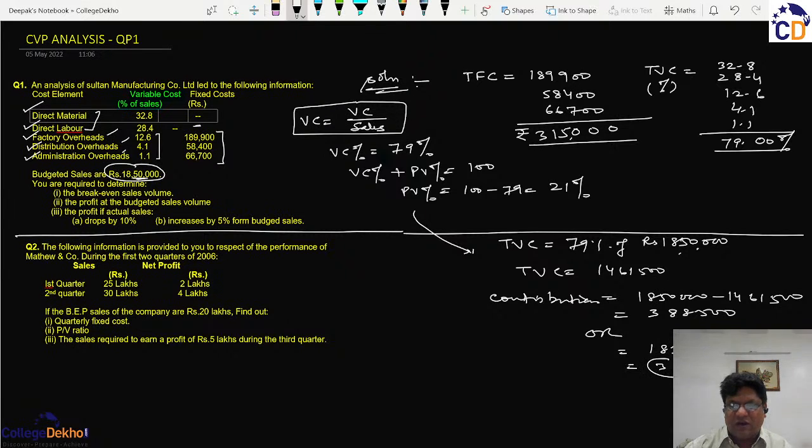So it's your choice whether to calculate contribution this way or that way.